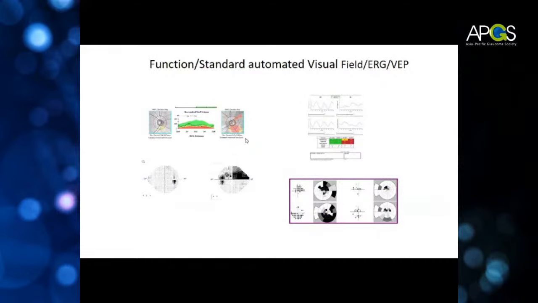In terms of functional measure, along with conventional standard automated perimetry, perimetry and multifocal VEP can be used, but these electrophysiologic tests are limited by higher signal-to-noise ratio and lack of normative data. So still, SAP remains the reference standard for assessing glaucomatous functional damage.